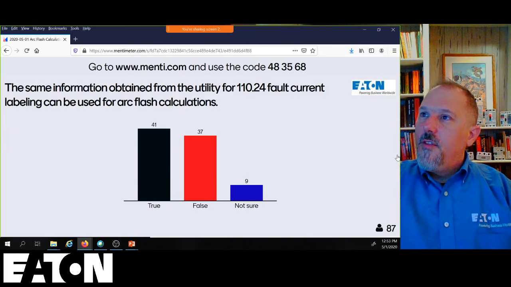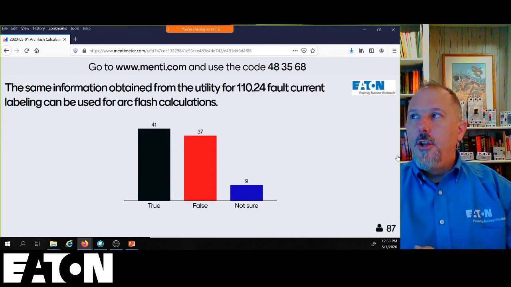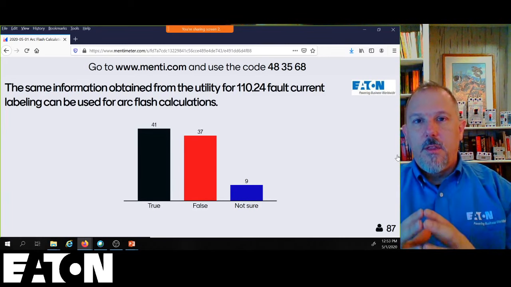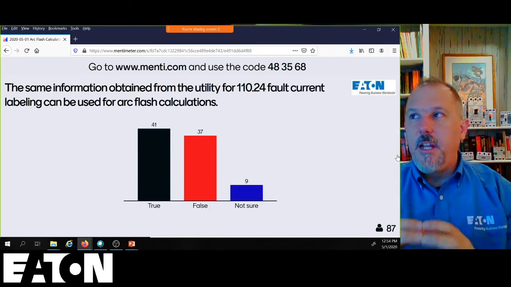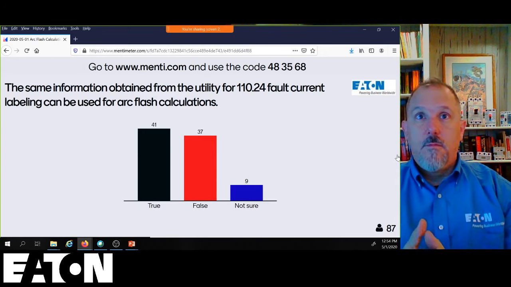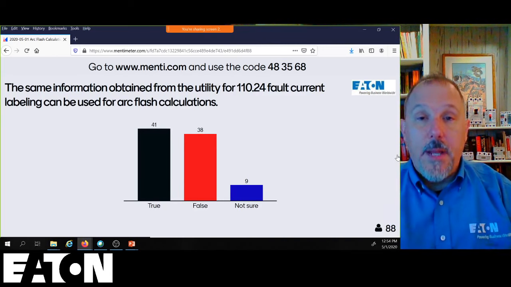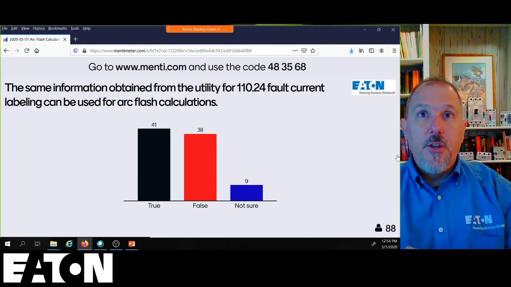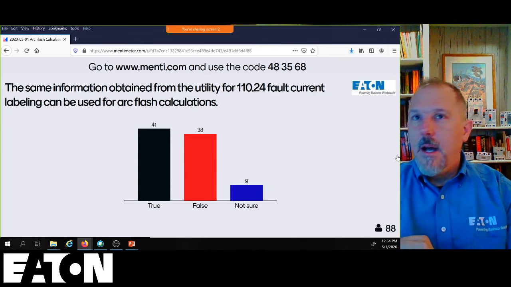So the 110.24 marking is not necessarily the number that you're going to need. You're going to need more information. You're going to need the actual fault current at that equipment, which will be lower, more than likely, and you're going to need to get information from.